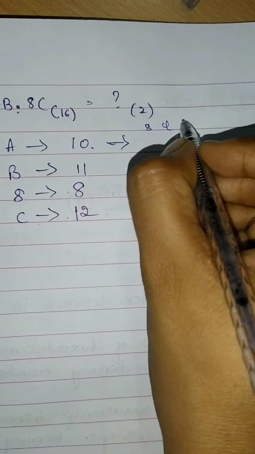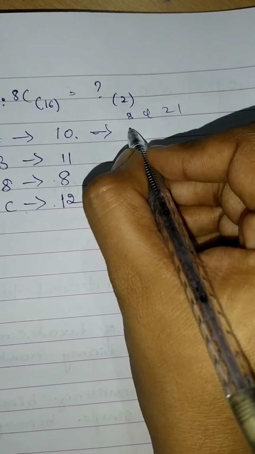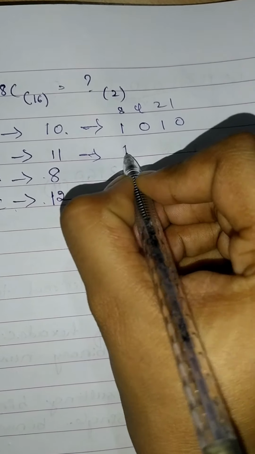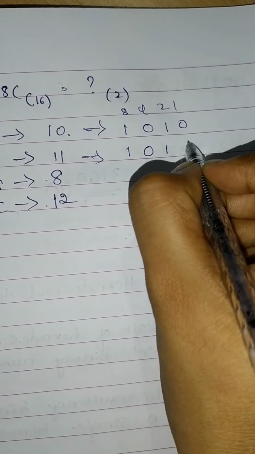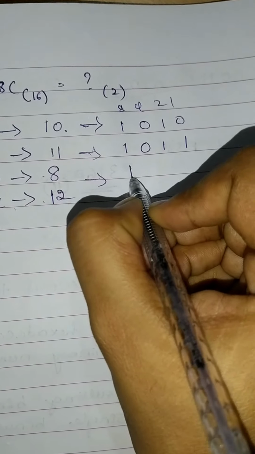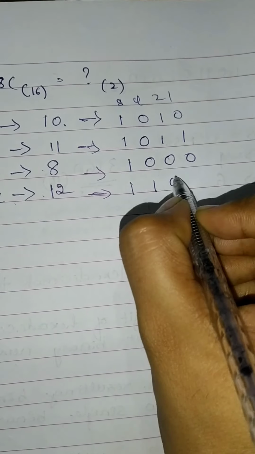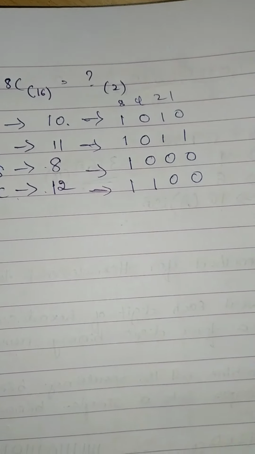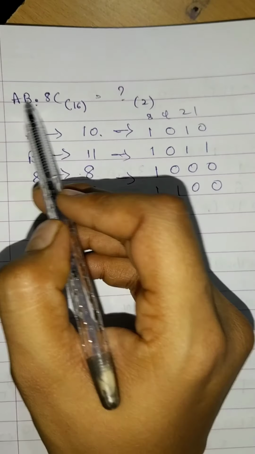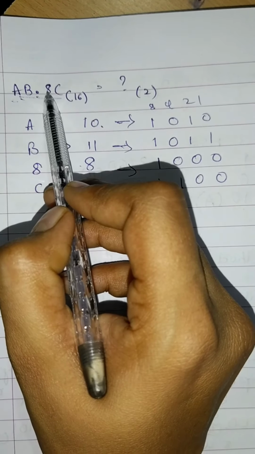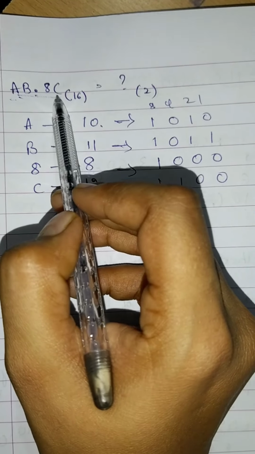We follow 8421 again, so 1010, for 11 it is 1011, for 8 it is 1000, and for 12 it is 1100. We follow this criterion: AB, the hexadecimal point, then again two digits, 8 and C.